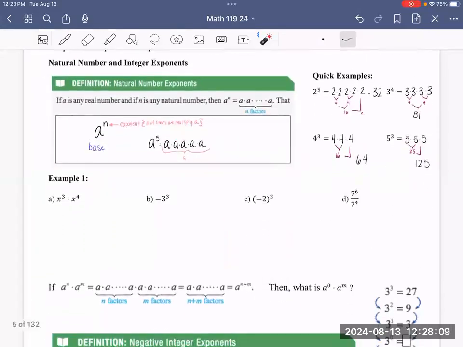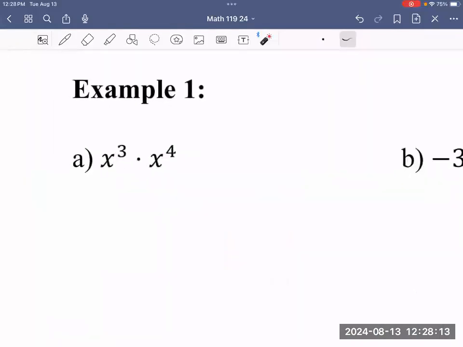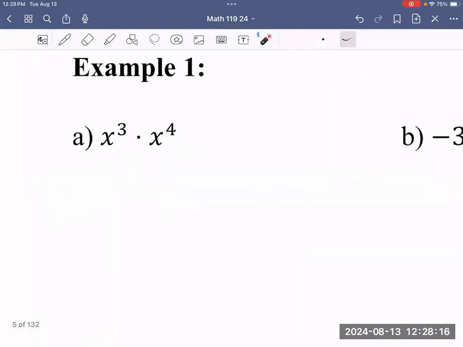Okay. So now let's move on to what we do with variables. So if we have x to the third power times x to the fourth power, what do you think we're actually going to do?